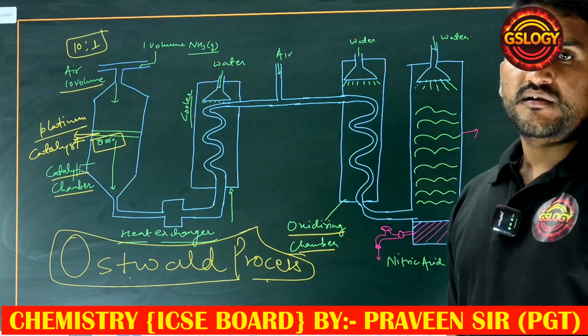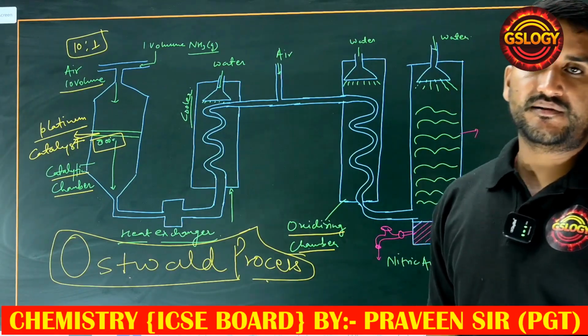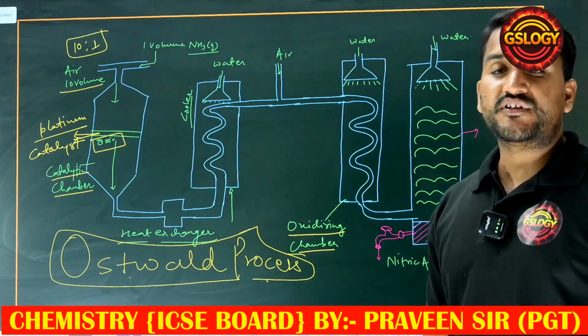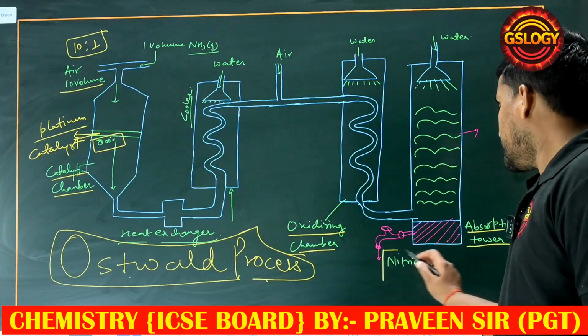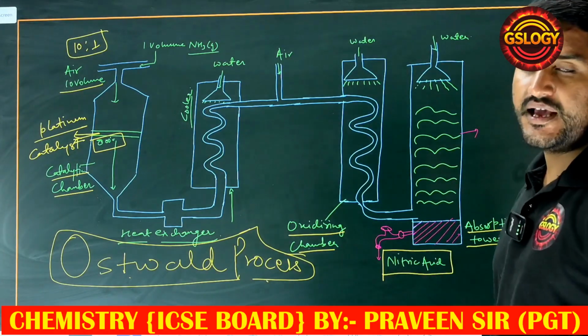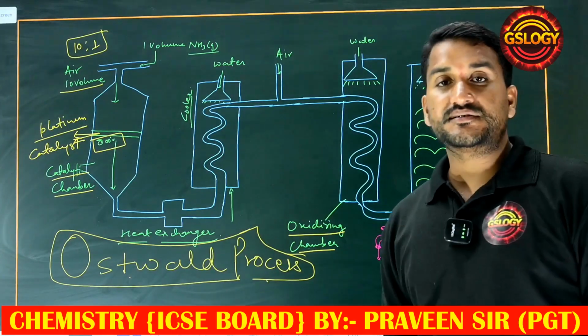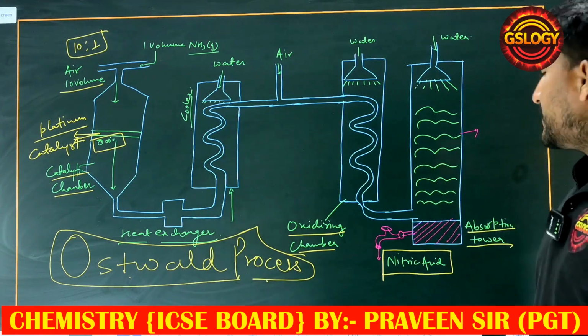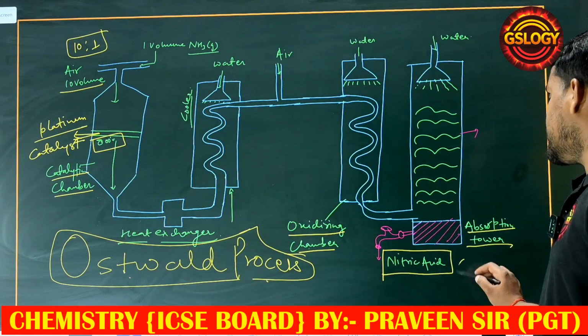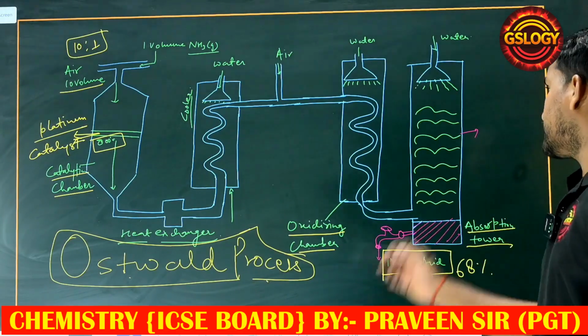There nitrogen dioxide reacts with water and oxygen, and it forms nitric acid HNO3. The percentage of the concentrated nitric acid is about 68%.